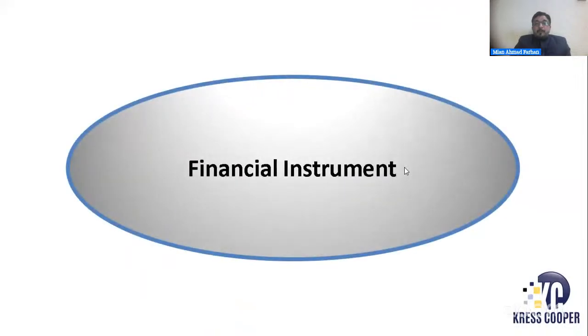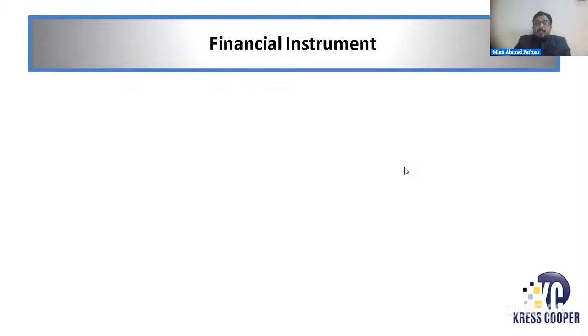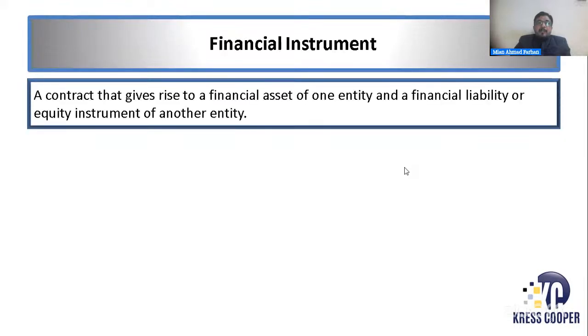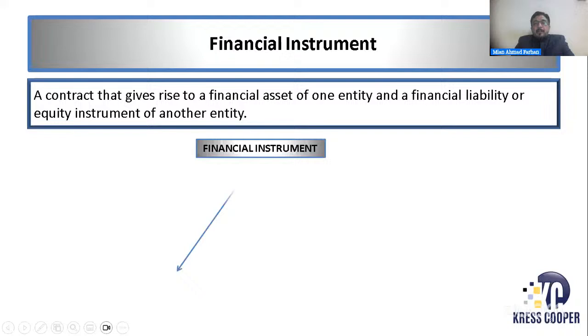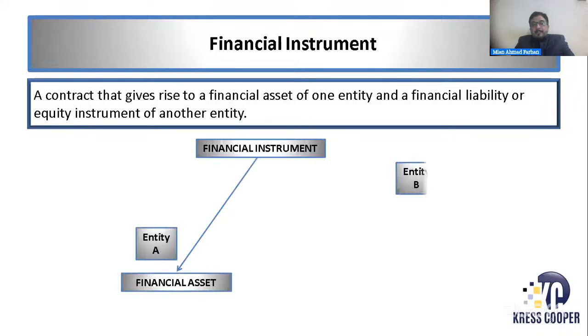So when we say financial instrument, in fact, a financial instrument is a contract that gives rise to the financial asset of one entity and financial liability or equity instrument of another entity.